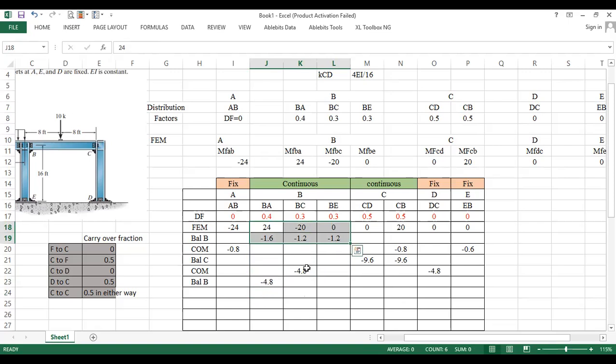So you only need to balance what's added in the previous step, that's minus 4.4. You only need to balance this one, and you have to add the negative value of that. You have to lock this value, otherwise it will change when you drag the formula. That's why I lock it. Multiply by distribution factor.